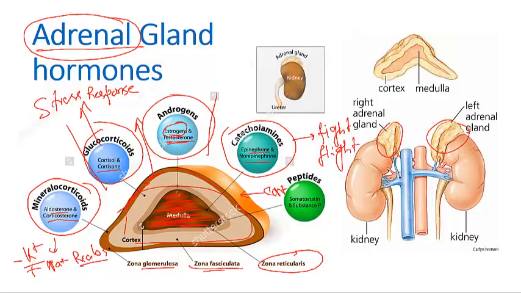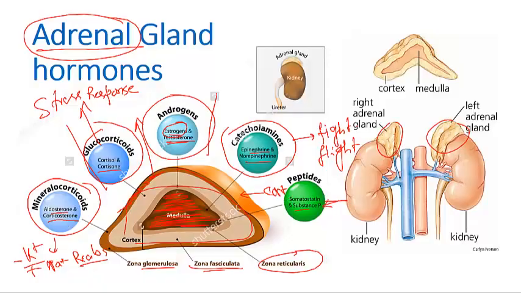So the fight or flight response is mediated by the epinephrine and norepinephrine hormones, both belonging to the sympathetic system, and secreted from the medulla region. They also produce peptides like somatostatin, which are required in other functions, in some cases the inhibition of some hormone activity in our body, which we'll see later.